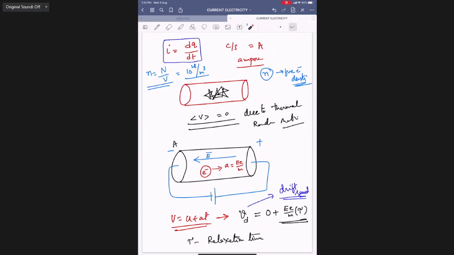Done, everybody. 1 minute. What should I put the heading as? So that is the drift velocity and current, that's it. And the electron density formula, what is capital N? Capital N is number of free electrons per unit volume, small n. Okay.